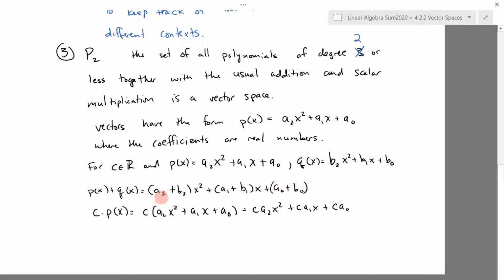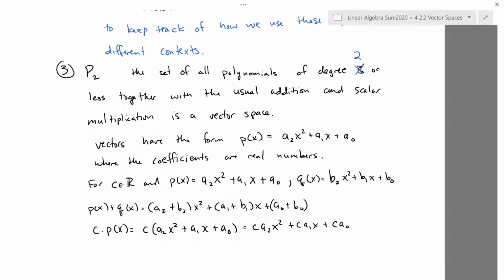You can see that we're just adding the corresponding coordinates together, and this is exactly how you do it for Rn, right? So if you really think about it, these are very similar to three-dimensional vectors, just represented in the form of a polynomial.